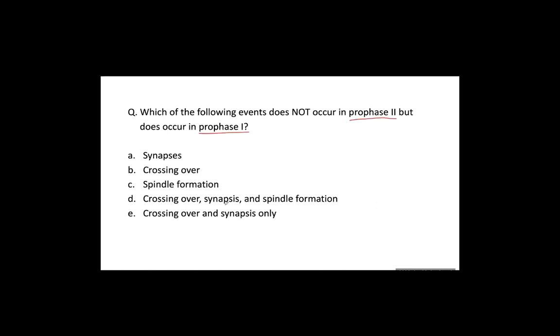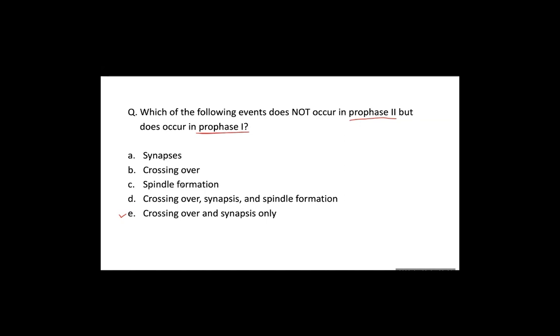I think the closest answer is crossing over and synapsis only. I think in prophase 2 spindle formation also takes place. Yes, but they are asking about only the event that can occur in prophase 1.